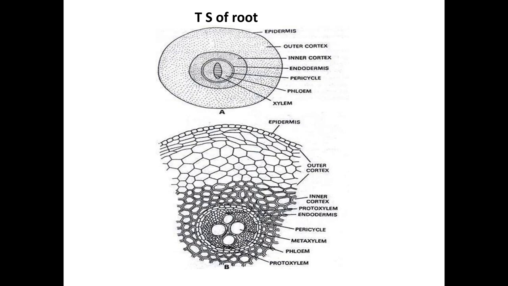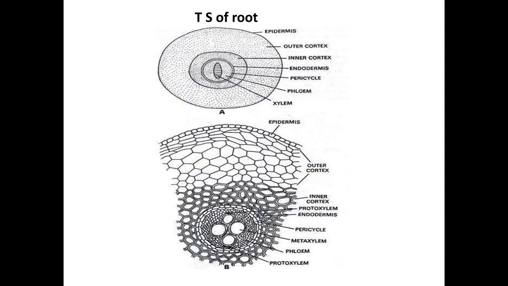In the next slide, very briefly, I am going to describe the anatomy or the internal structure of the plant. First we'll discuss the root. You know very well, from the rhizome, from the basal part, the roots arise, and when you take a section of the root, it mainly consists of the epidermis, followed by a very wide cortex, and then the central cylindrical portion. Sometimes root hairs arise from the epidermal region.